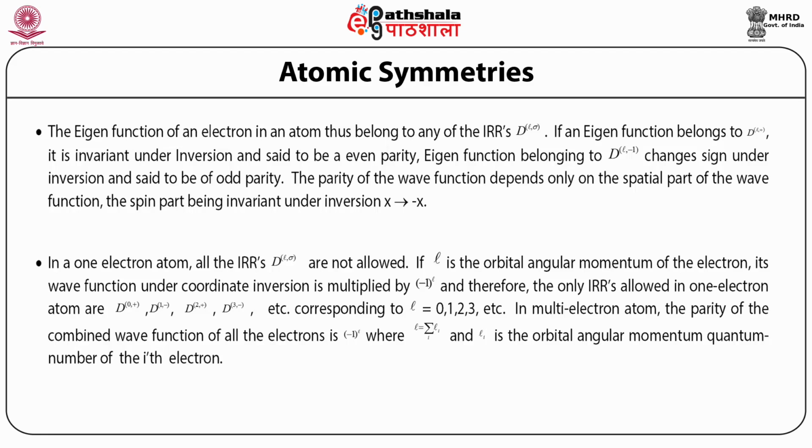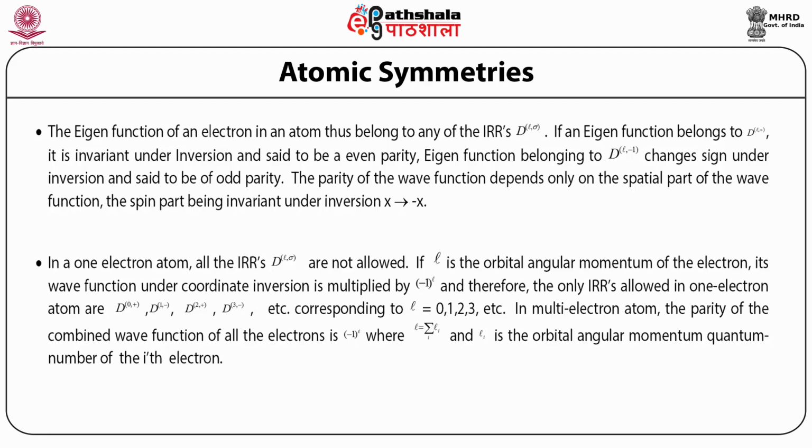Therefore, the only irreducible representations which are allowed in one electron atoms are D0 plus, D1 minus, D2 plus, and D3 minus, etc., corresponding to L equal to 0, 1, 2, 3.